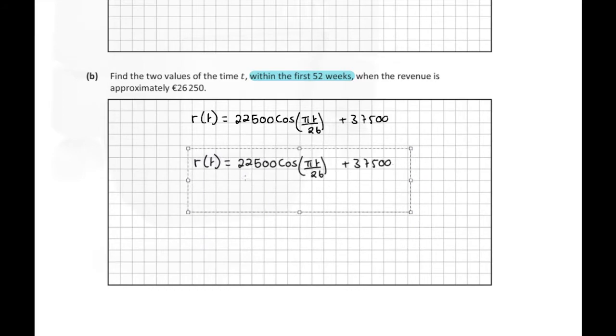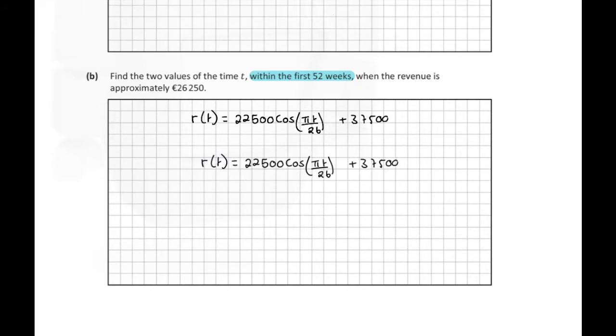When we have a time t, our answer in this scenario is going to be equal to 26,250. So we actually know what the revenue is. We know what the letter R represents. So I'm going to fill that in, and just to show where that came from, it comes from here.